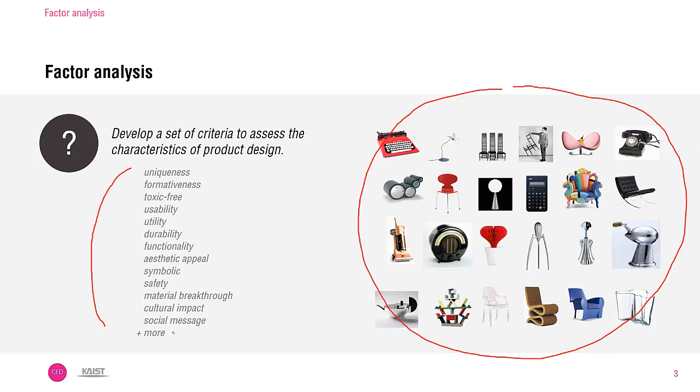In my personal opinion, usability and utility and functionality are maybe asking about a very similar aspect of a product design. Therefore, perhaps we don't need to ask 3 times. Instead, we can cluster these 3 terms and label them as, for instance, practical aspect.